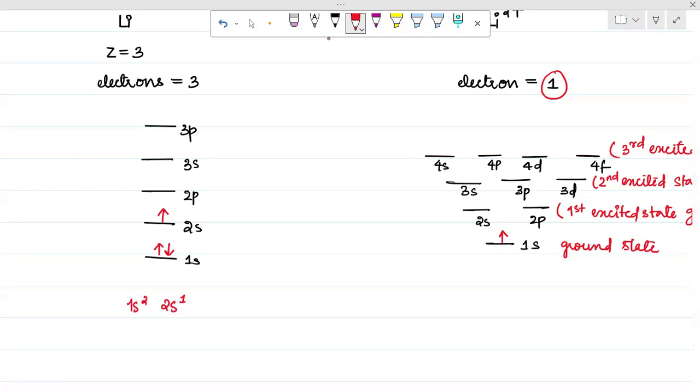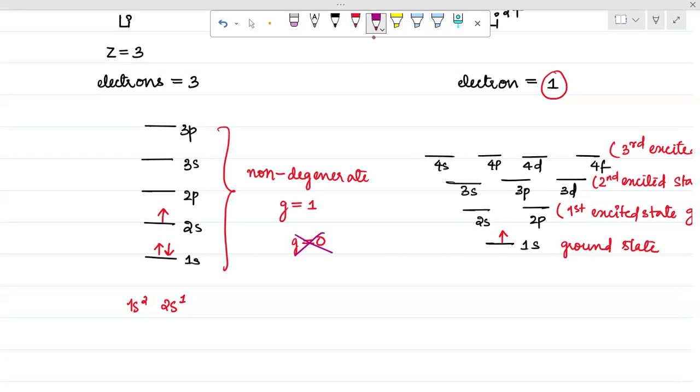This is the way you write the configuration. In all these cases, these are non-degenerate orbitals. Non-degenerate means the degeneracy is equal to 1. Please note, it is not equal to 0. That is wrong.